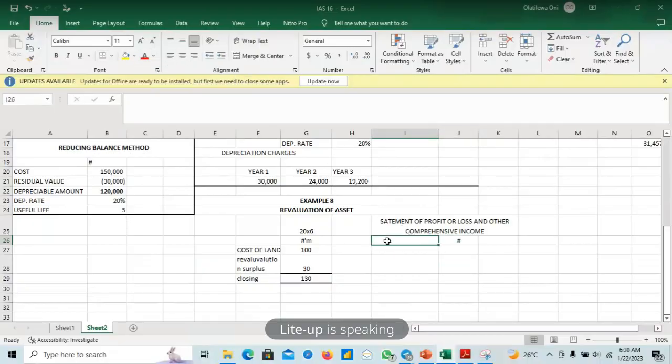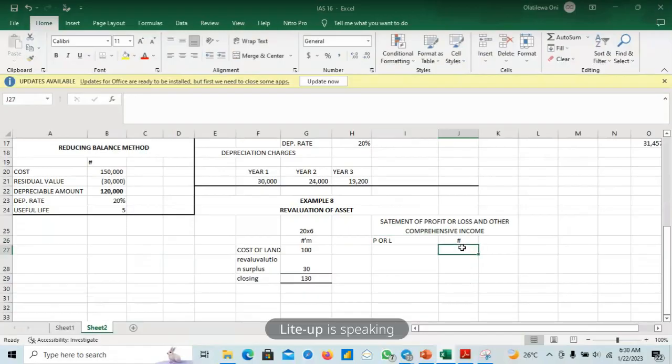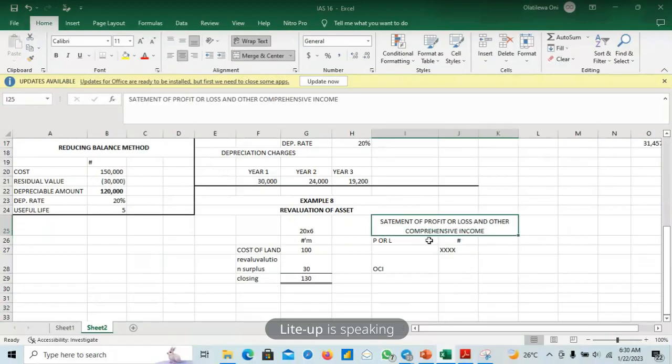The first segment is the profit or loss, P or L. The second segment is usually other comprehensive income, or we call it OCI. It also has its own figure.